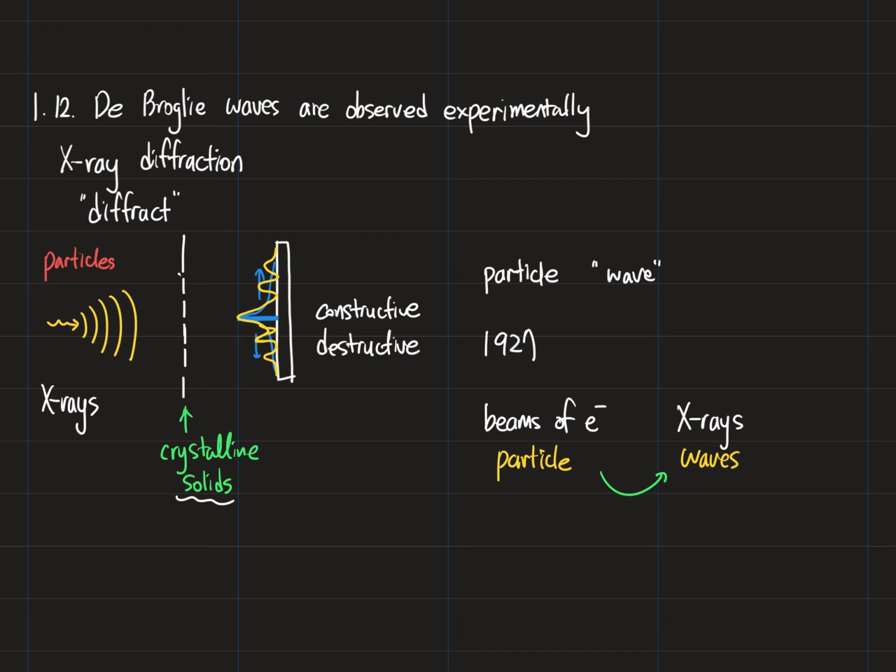That means the particle also has the nature of a wave. So this demonstrated that electrons, which had always been considered particles, were indeed behaving like waves.